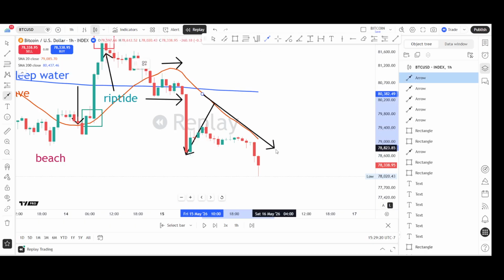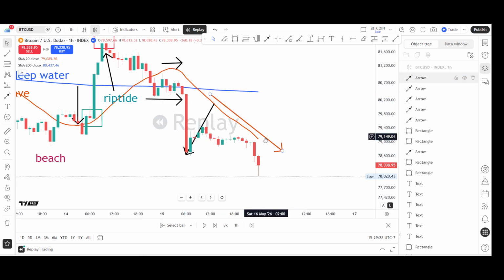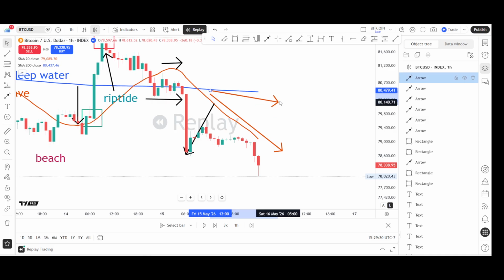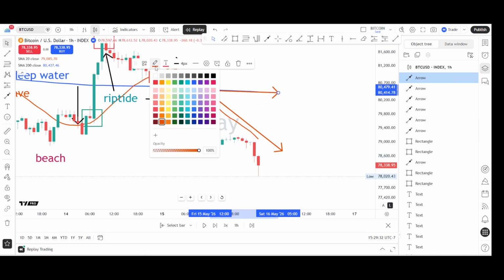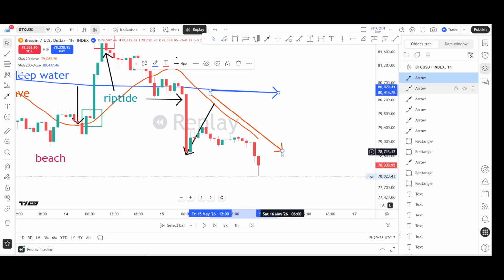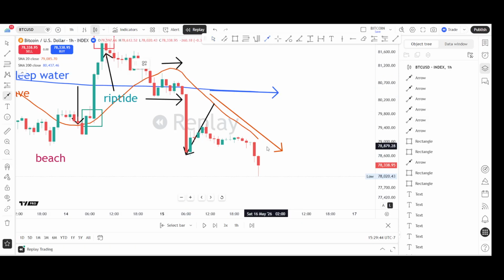Our trend state is at an angle to the 200. I'm sorry, I misspoke. Our 20 is at an angle to the 200. So we are still in a trend state. We have not yet gone flat.